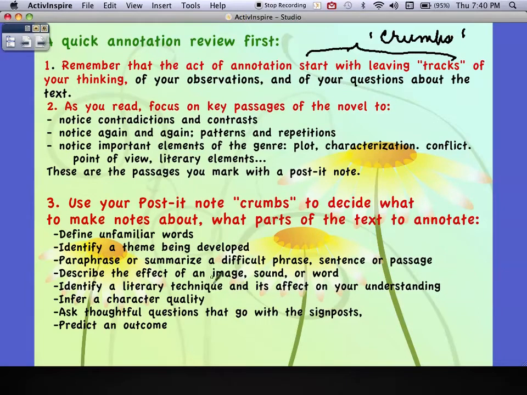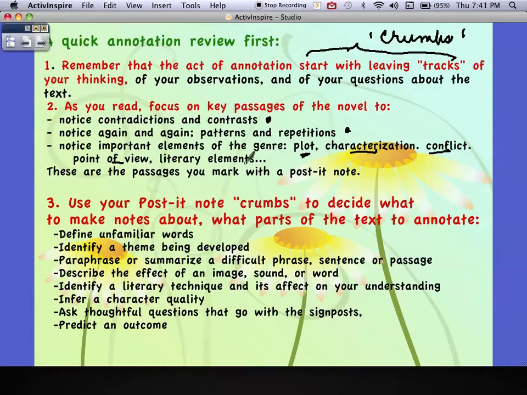Finally, as you read, you're going to be thinking about particular places to drop one of these crumbs. You're going to look for the contradictions and contrasts that we talked about in last class. You're going to look for the again and again signpost. You're going to look for important elements of the genre. Again, things we went over in the last class. You're going to look for plot elements, characterization, clues on conflict, and signs of point of view.